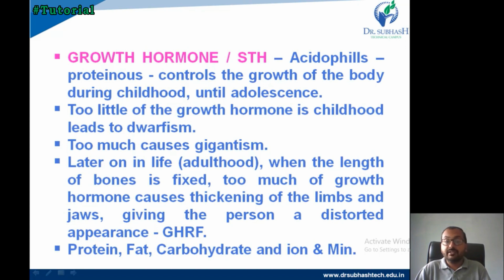Later in life, that is adulthood, when the length of bones is fixed, too much growth hormone causes thickening of the limbs and jaws, giving the person a distorted appearance, and that can be called acromegaly. Right? It becomes acromegaly.